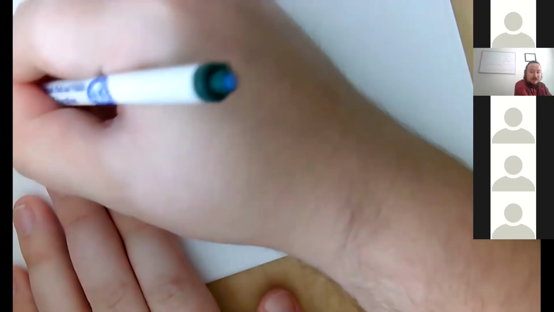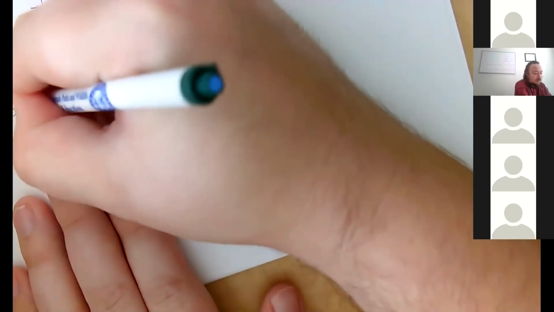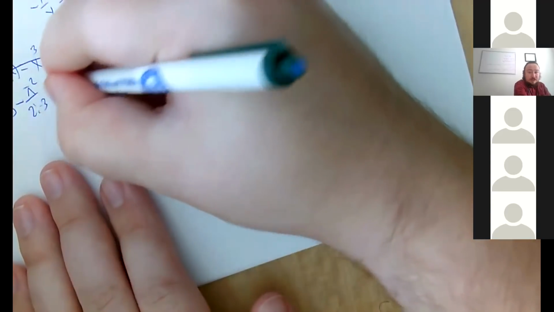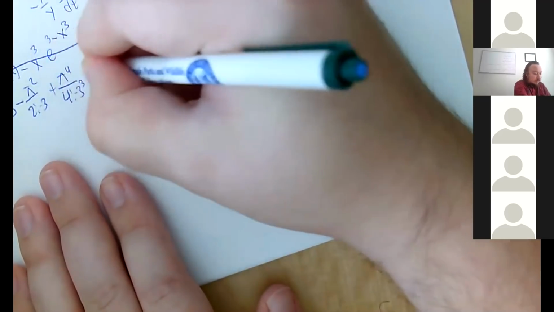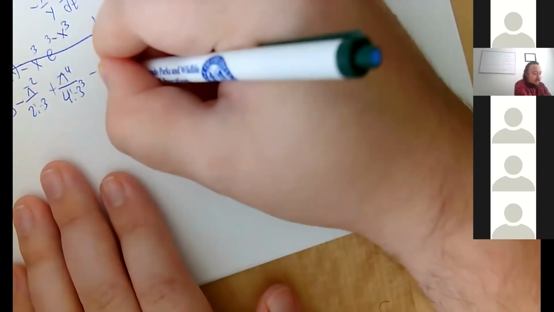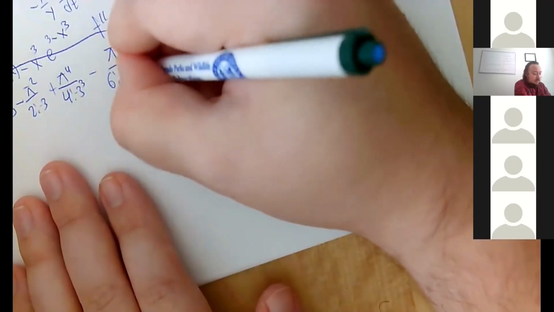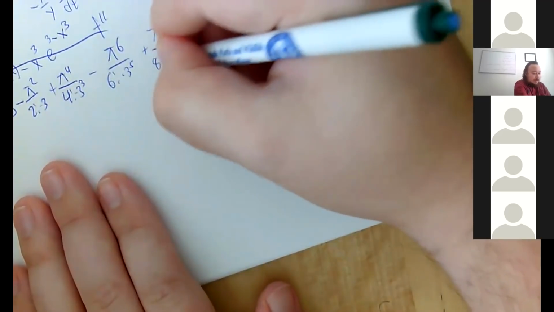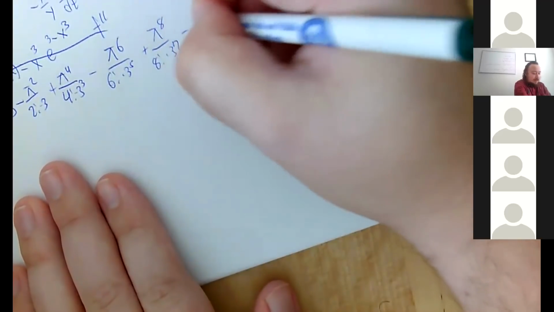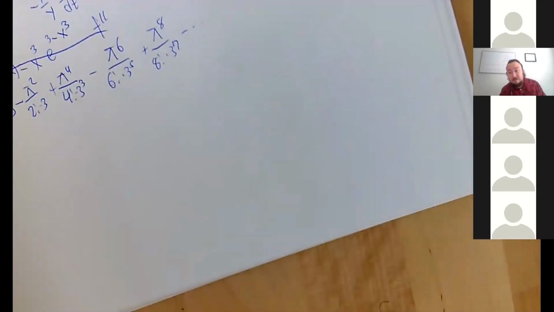We have this series: 3 minus pi squared over 2 factorial times 3, plus pi to the 4th over 4 factorial times 3 cubed, minus pi to the 6th over 6 factorial times 3 to the 5th, and then pi to the 8th over 8 factorial times 3 to the 7th. And presumably this pattern continues on.